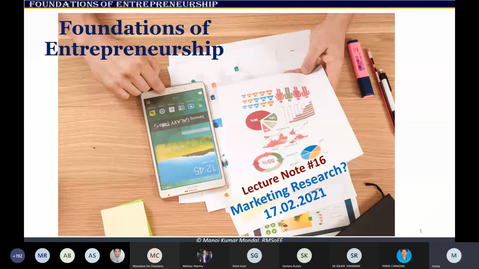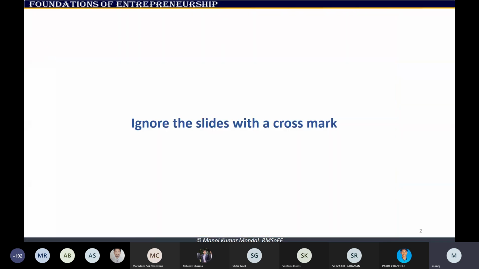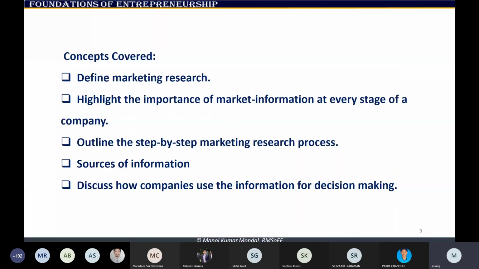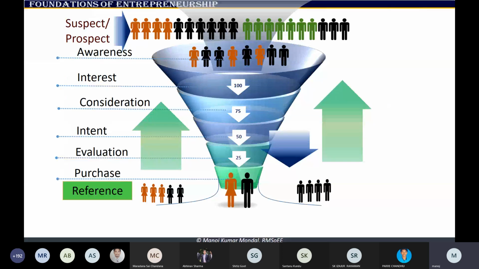Okay, thank you. I'll be moving fast because the entire slide deck has already been discussed. It is just customary that I see whether I have left anything and complete that. This is called the marketing funnel or sales funnel.